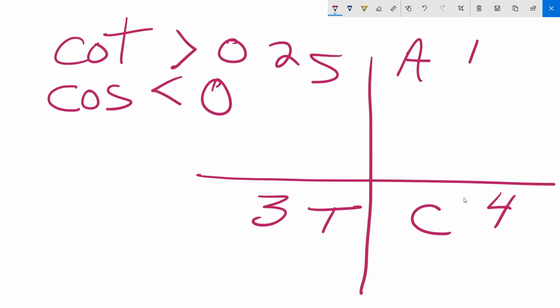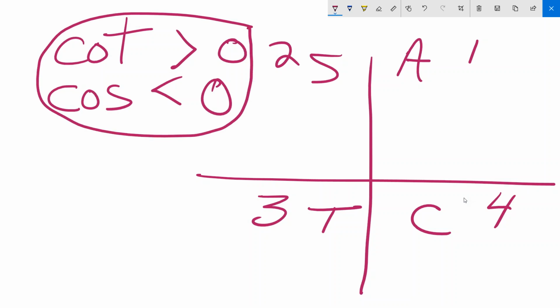Okay. Now, take the common one between those 2, and that will narrow it down to only 1 quadrant. There's only 1 quadrant where the cotangent's positive and the cosine is negative.